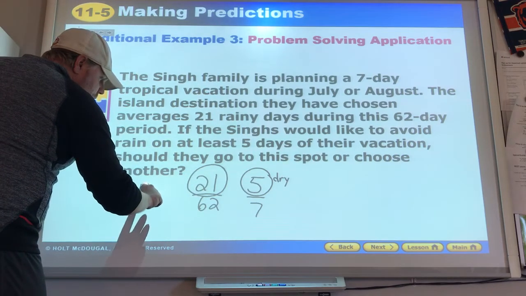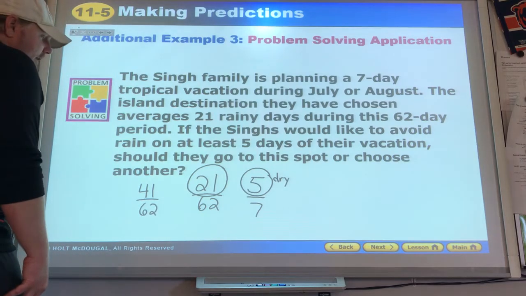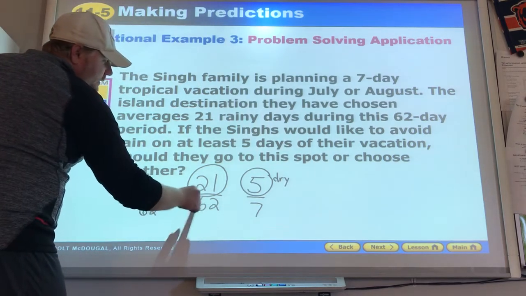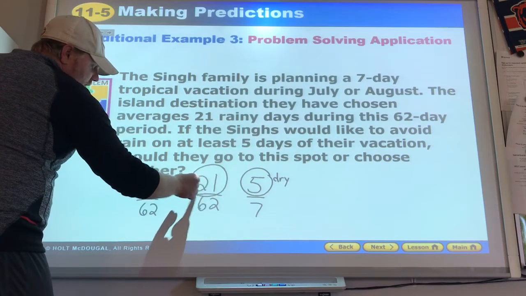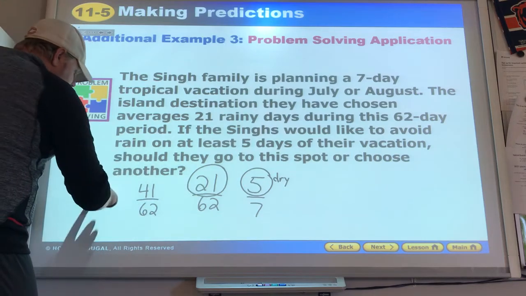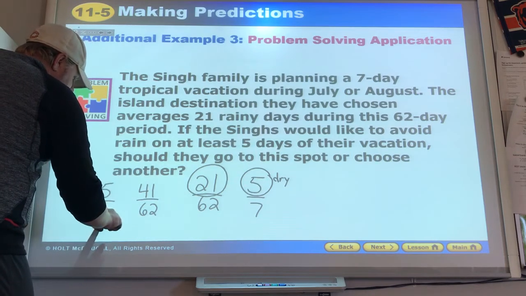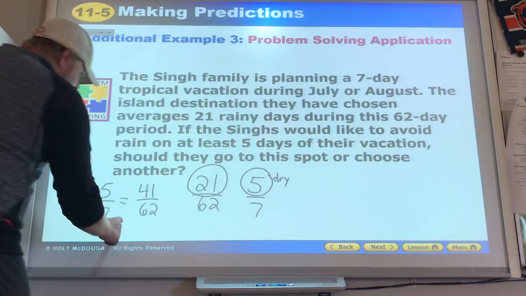So 41 out of 62 are dry. I got that by taking 62 minus 21. Oh, because remember the probabilities have to add up. Then we would have to see, are these two equal or which one is greater?